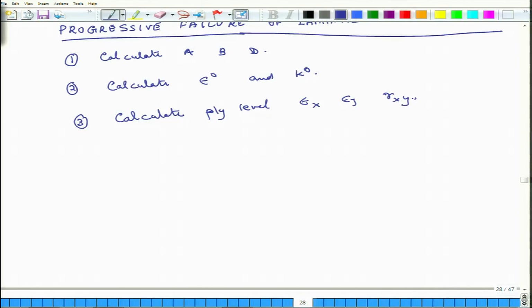At each ply you calculate. Fourth, calculate ply level stresses in XY frame. Fifth, calculate ply level stresses in LT frame.